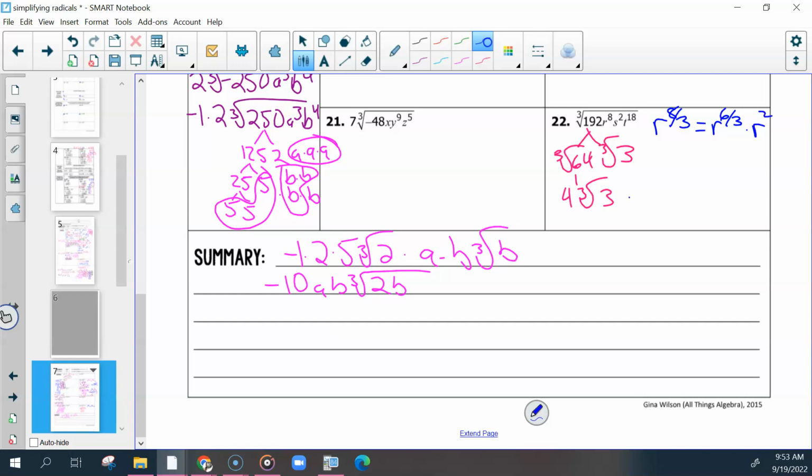So we have 6 divided by 3 is 2. So 2 on the outside and 2 on the inside. For our S's, does 3 go into 2 evenly? To get a whole number, I should say. No. So that would automatically go inside the cube root.